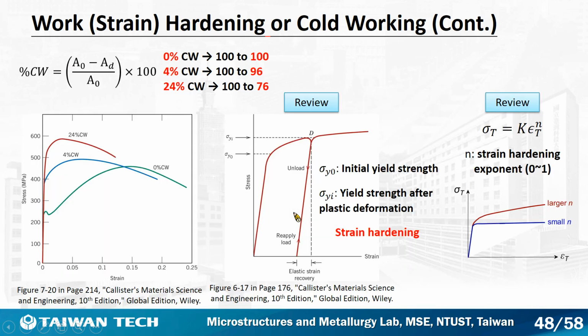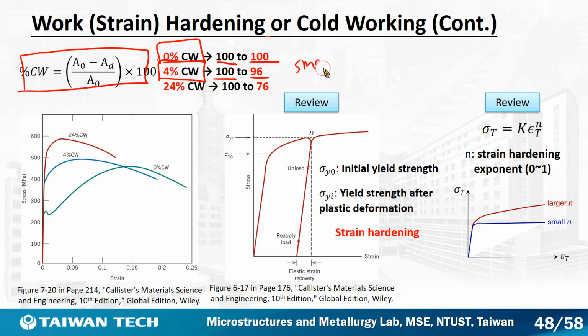Okay, so here let's talk about the percent cold work. Based on these equations, a material with 0% cold work means, for example, the area goes from 100 to 100. So there's no change. And 4% cold work means that 100 goes to 96. So this is very small. This is just to let you know that 10% cold work is small.